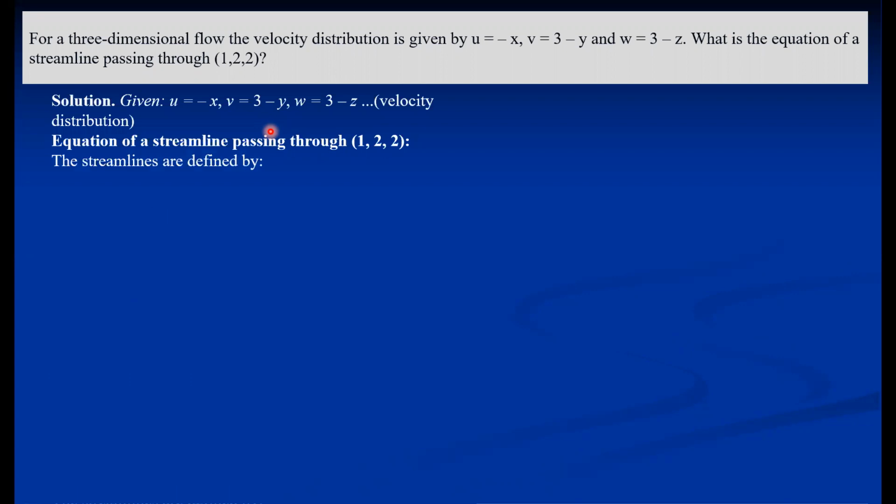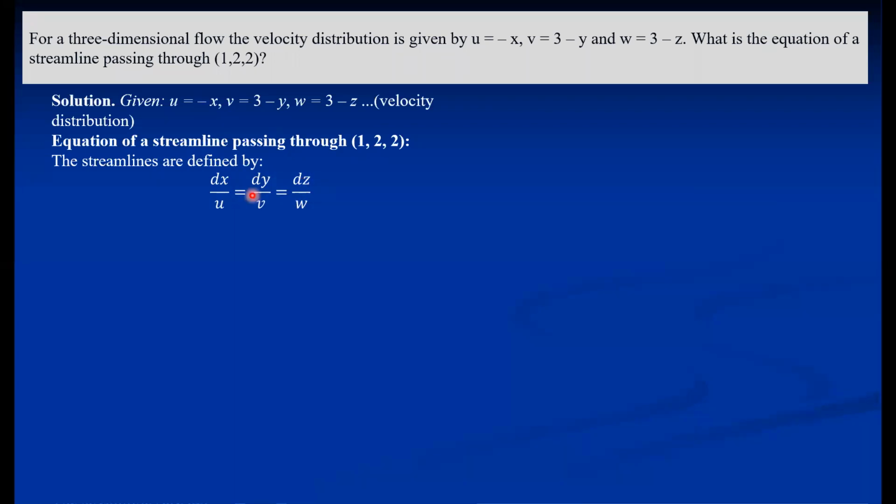As this is 3D flow, we can write the equation of streamline that we already studied. It can be written in different ways, but for integration this form is more suitable. Sometimes it can be written as dx by u equal to dy by v equal to dz by w.